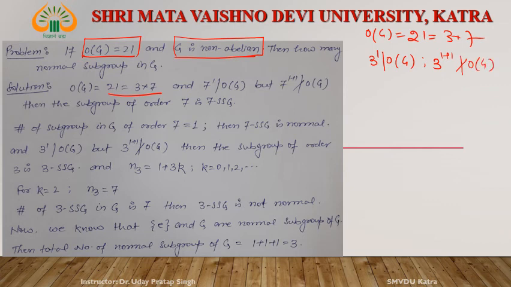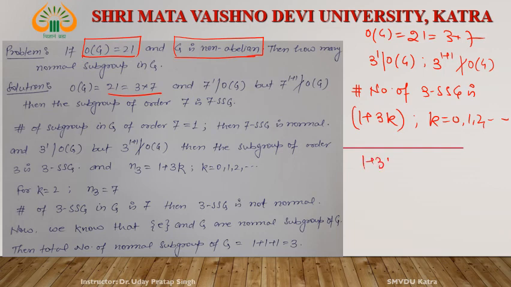The number of 3 Sylow subgroups is 1 plus pk, that is 1 plus 3k. What is k? k is equal to 0, 1, 2, and so on. Then the theorem says that this 1 plus 3k divides order of G, which is 21.